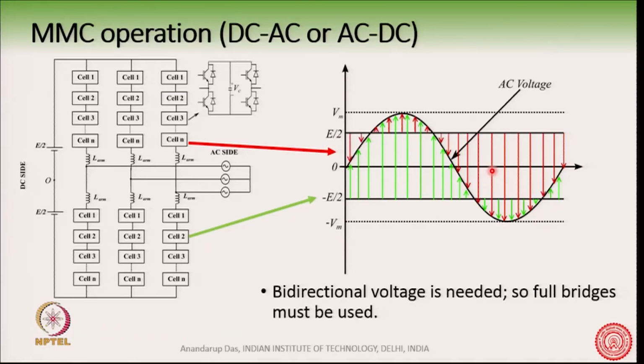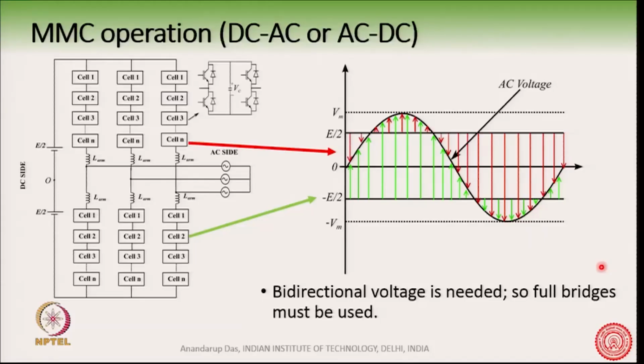In this particular waveform, the magnitude of the upward arrow and the magnitude of the downward arrow are not the same.